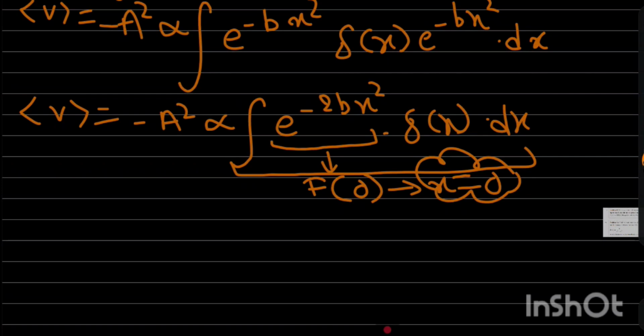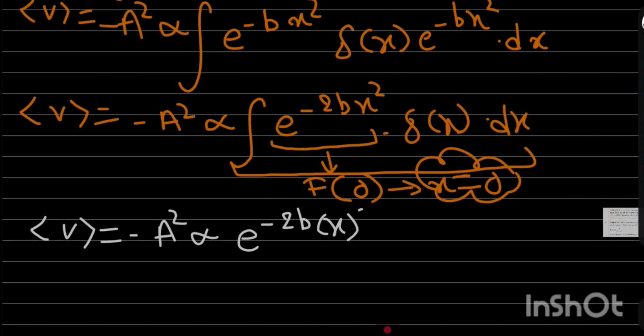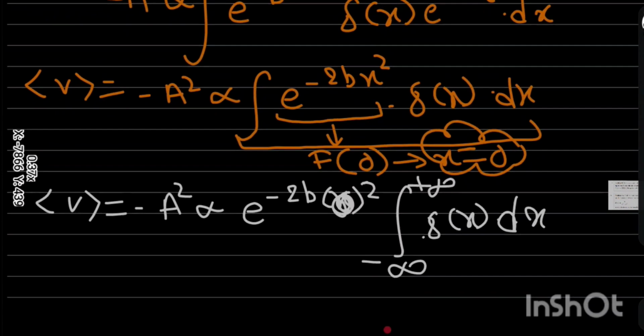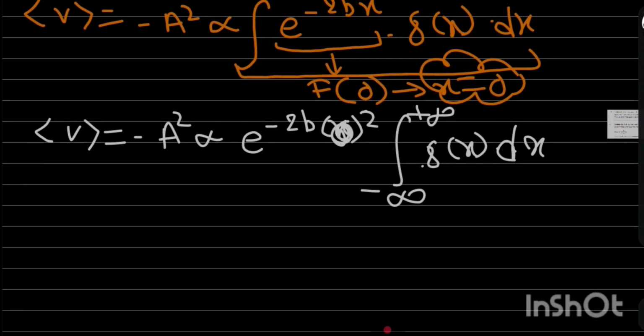Now if I continue, the expectation value of potential energy is equal to minus a square alpha, and this becomes e to the power minus 2b x square with x as 0, times the integration from negative infinity to positive infinity of the delta function dx, which equals 1.